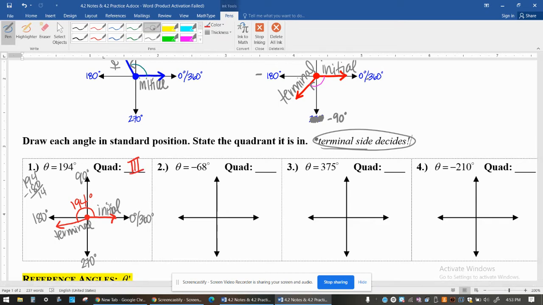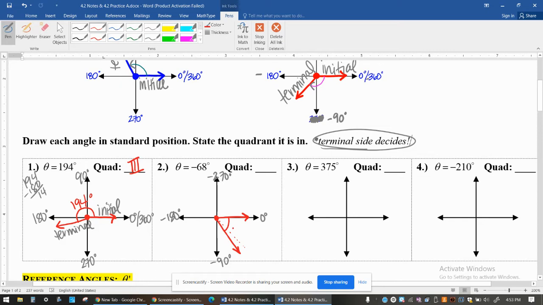For negative angles, remember, you go down and to the left. So this would be negative 90, negative 180, and then negative 270. Remember I said previously that this would be the 45-degree mark. 68 is a little bit past that, so I'm going to have it be right around here.